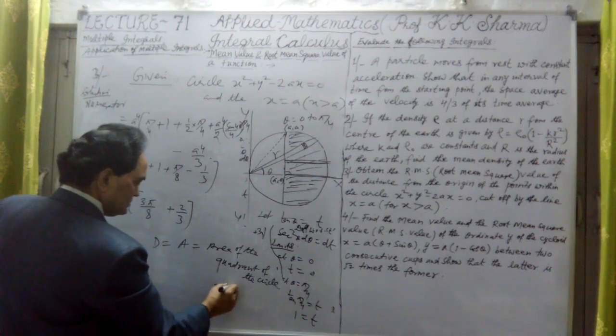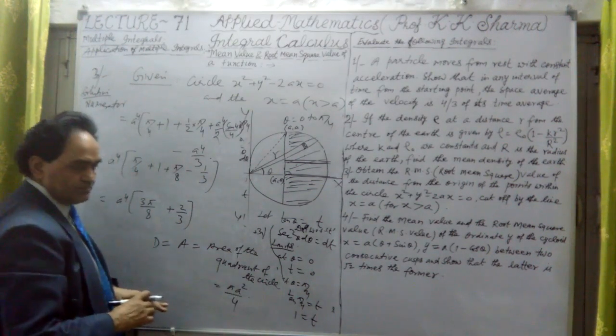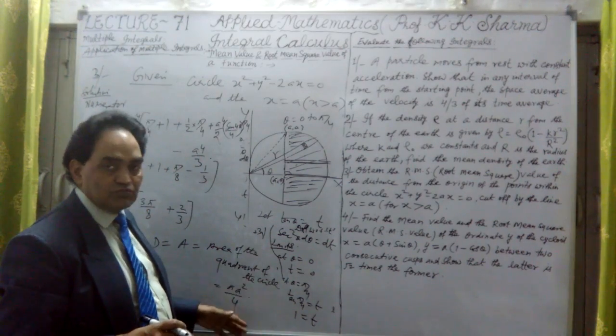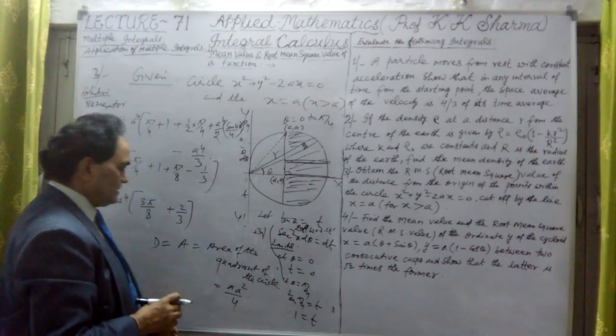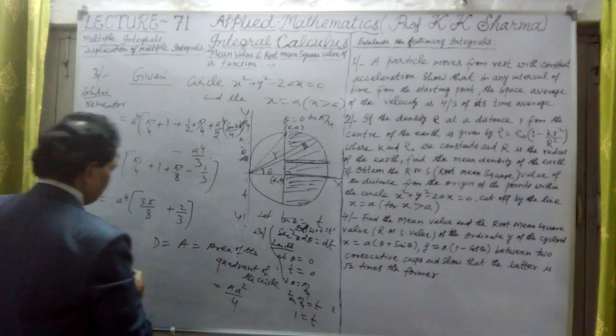So this is equal to pi a square upon 4. Simple. Pi a square is the area of the circle, and the quadrant is one fourth, divided by 4. So this is pi a square upon 4. So the denominator is this.